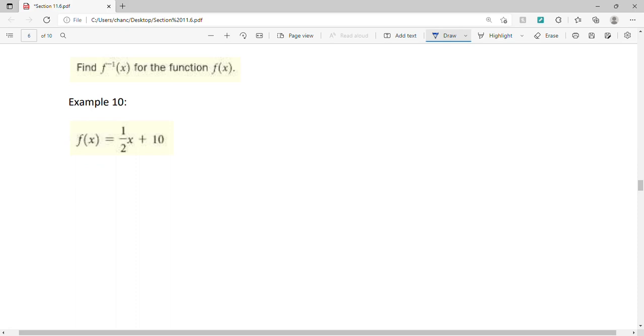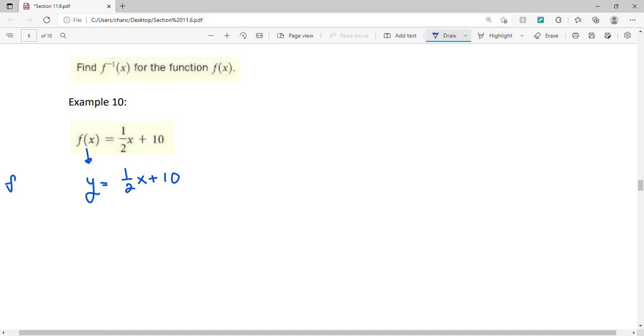To find the inverse, we start by replacing f of x with the letter y. We already have the assumption that it's one-to-one. And then the next step is to swap the x's and y's.